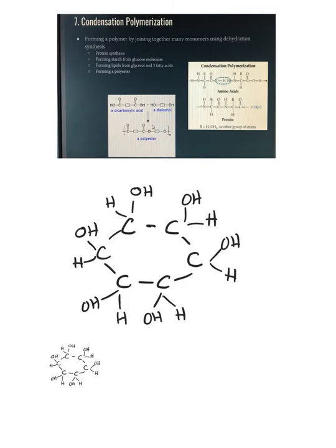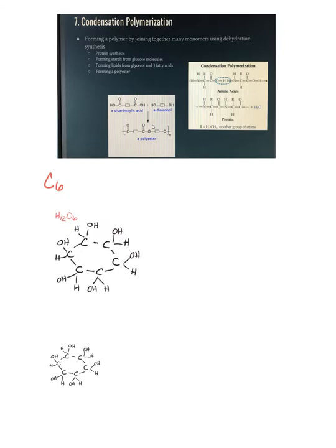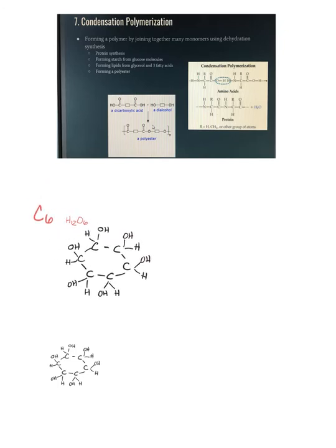But simply put, it's just 6 carbons: 1, 2, 3, 4, 5, 6, 12 hydrogens, you can count them all the way around, and 6 oxygens: 1, 2, 3, 4, 5, and 6. So this is just a glucose molecule, C6H12O6.